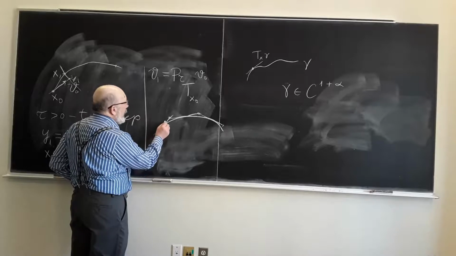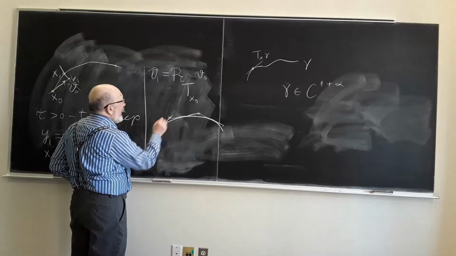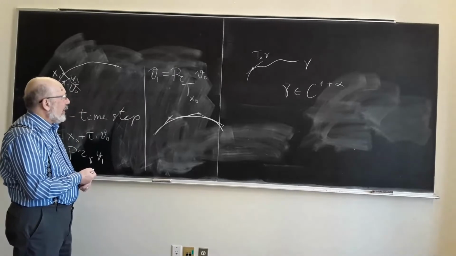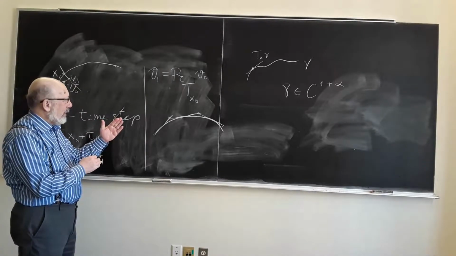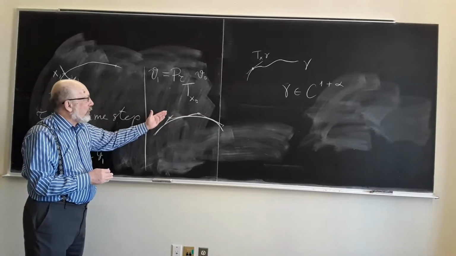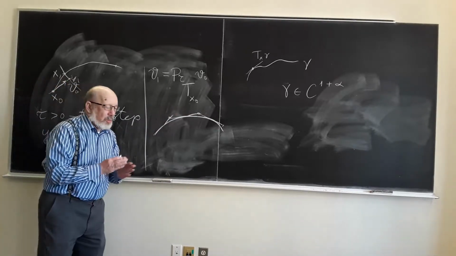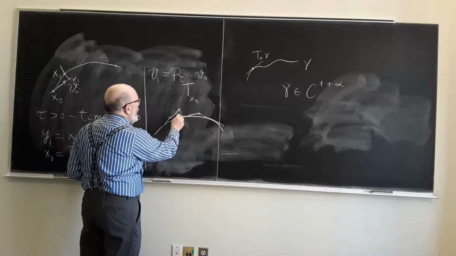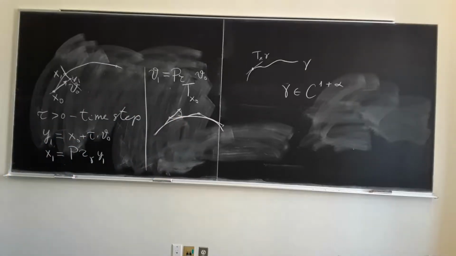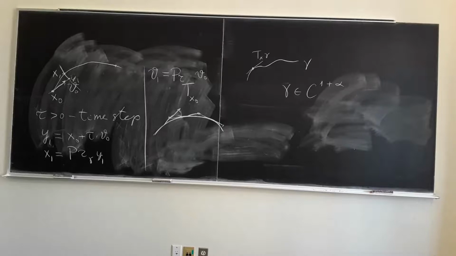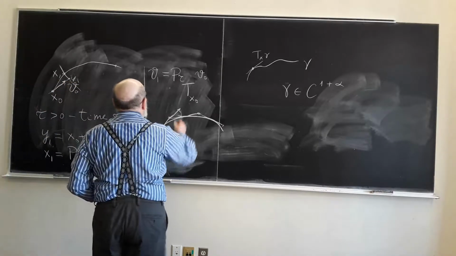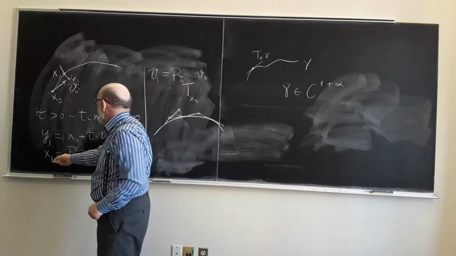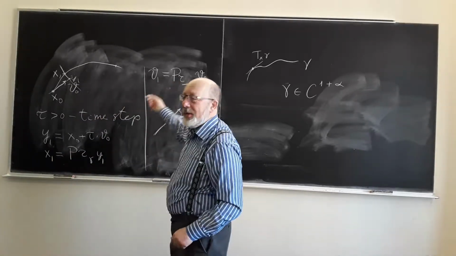Every time we reach a point where this approximate polygonal line changes direction, the new velocity is the projection of the old velocity on the new direction. That's it. So we have a new pair x1, v1, and then we continue.